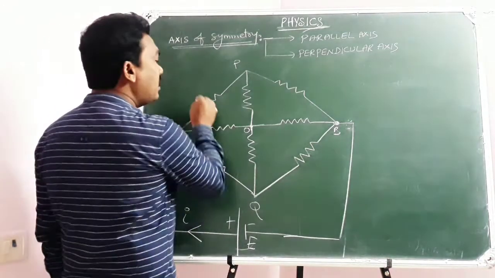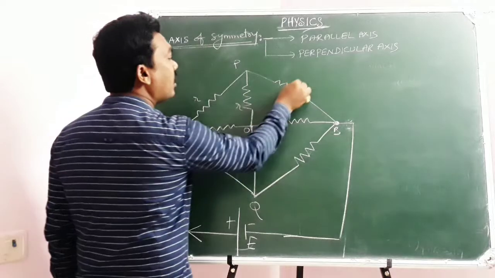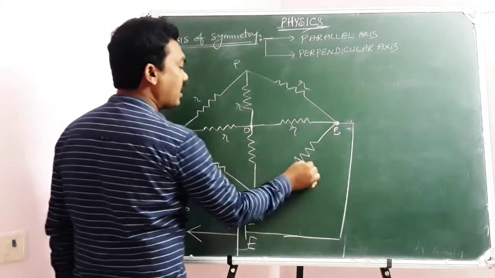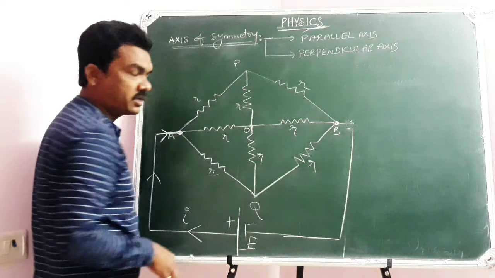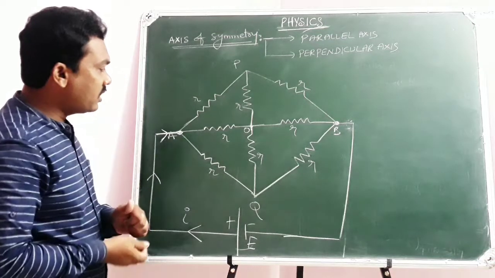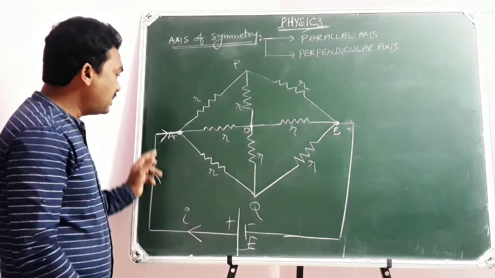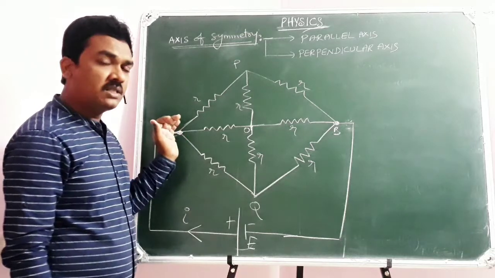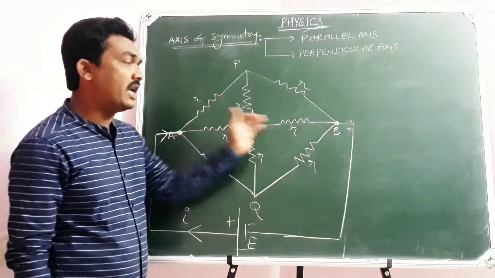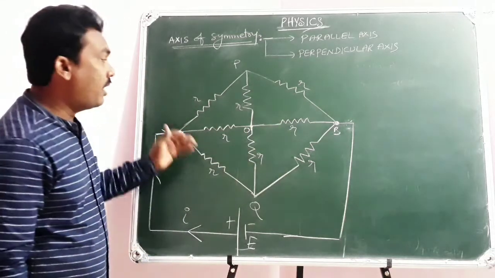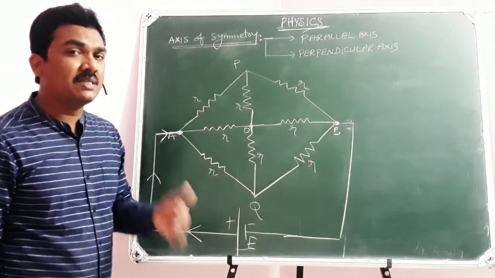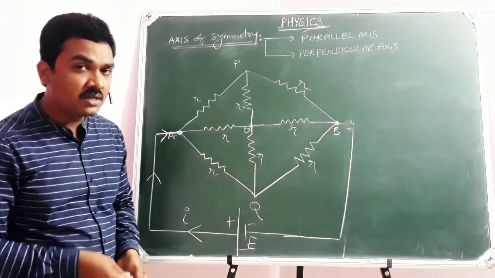Now in my electric circuit, all are identical resistors. In this particular electric circuit, when the current is entering at A, I can find there is some symmetry about the line AB. What does it mean?